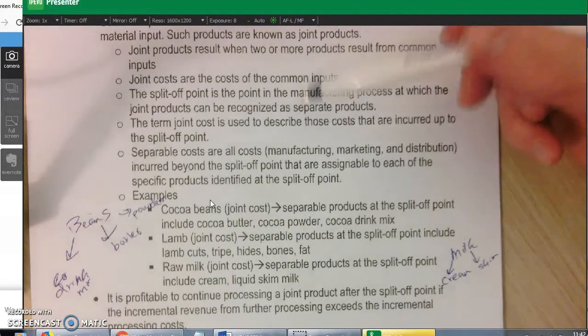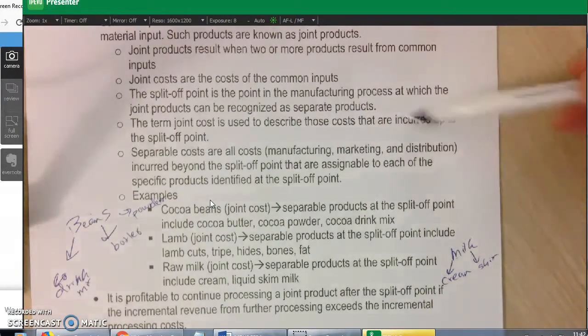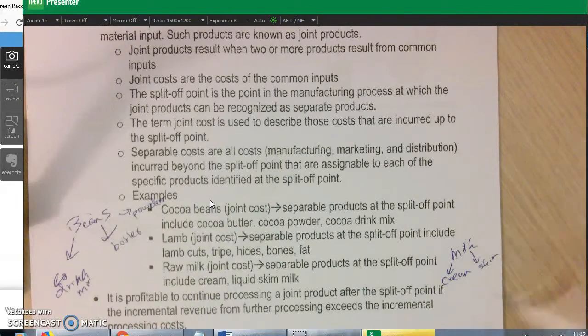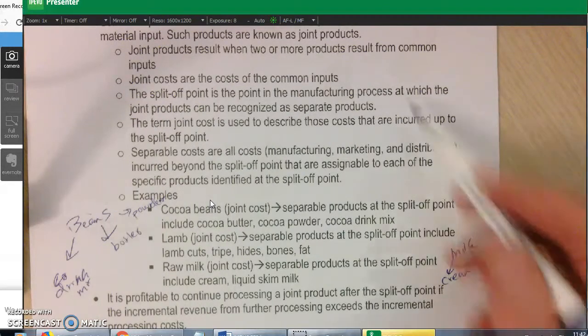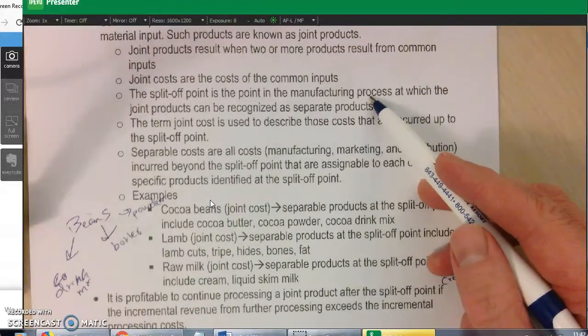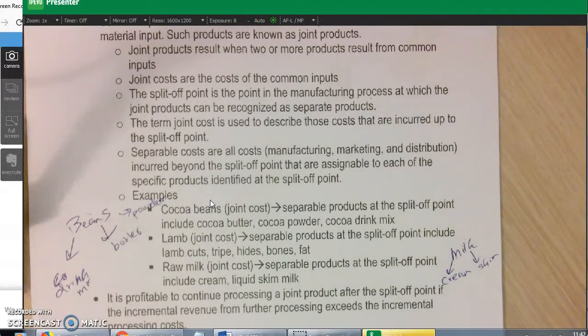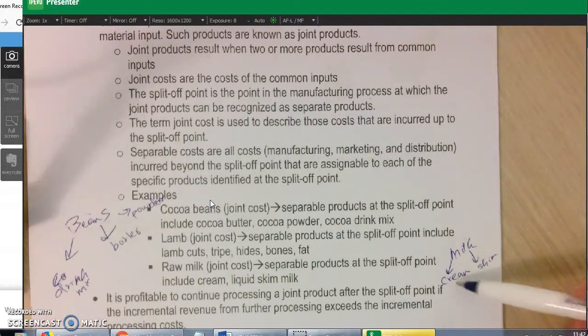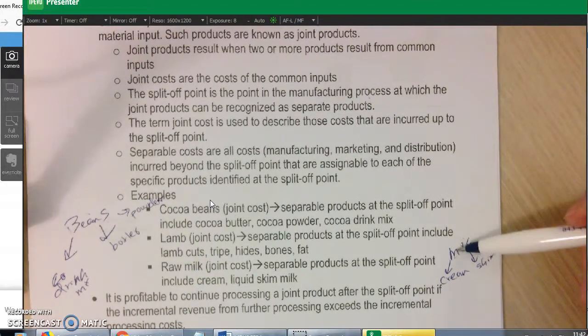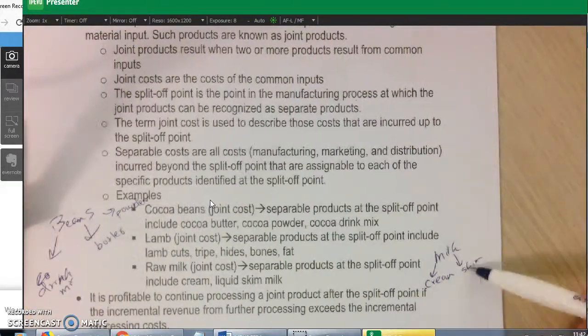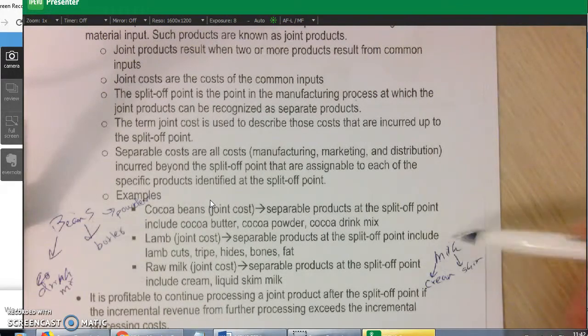The term joint cost is used because those costs are incurred up to the split-off point. The split-off point is the point in the manufacturing process, whatever that is, at which we can recognize these two end products as two distinct goods. They're separate from each other, and also separate from the joint cost.